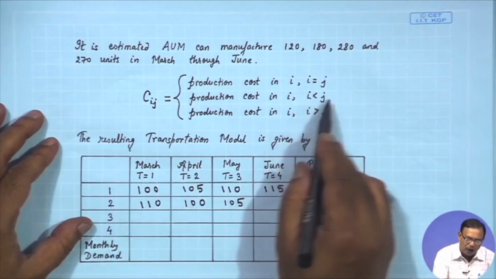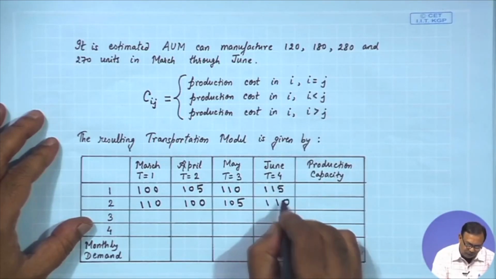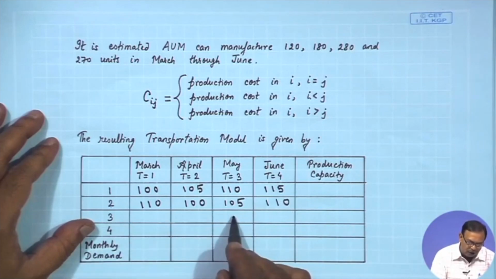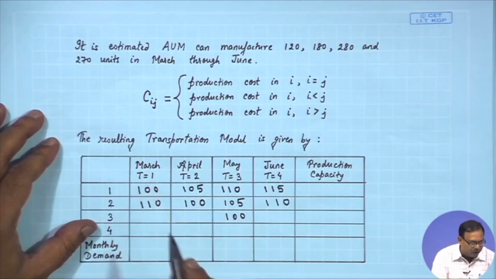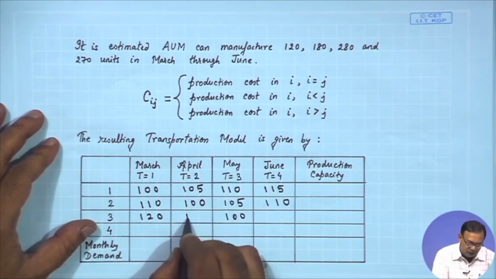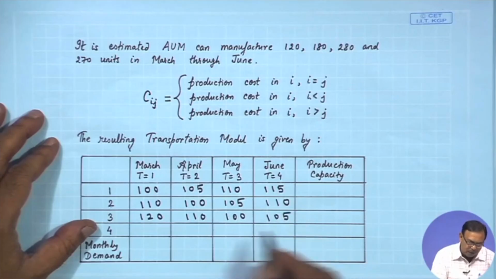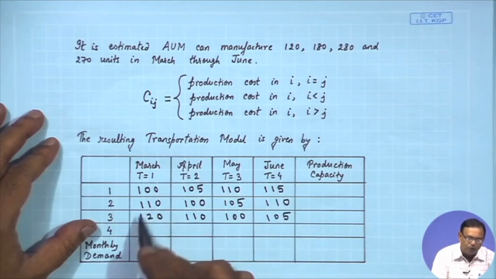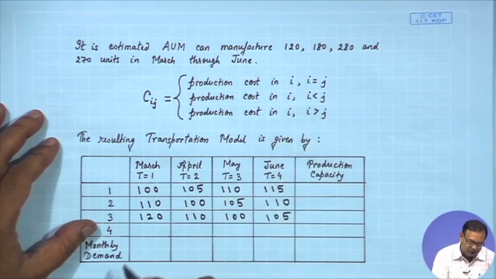Again for 2 4, i is less than j, so it will be 110. For the third row and third column, this value will be 100. Whenever i is greater than j, there is the penalty, so it will be 120, 110, 100 and this will be 105. This you cannot produce, since i is greater than j in this case.